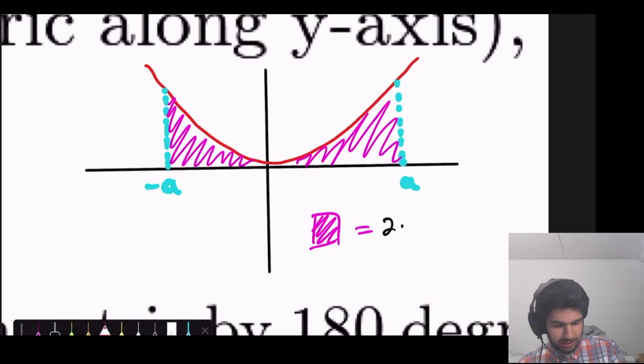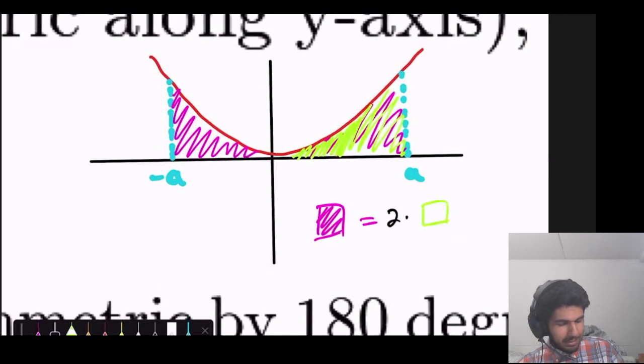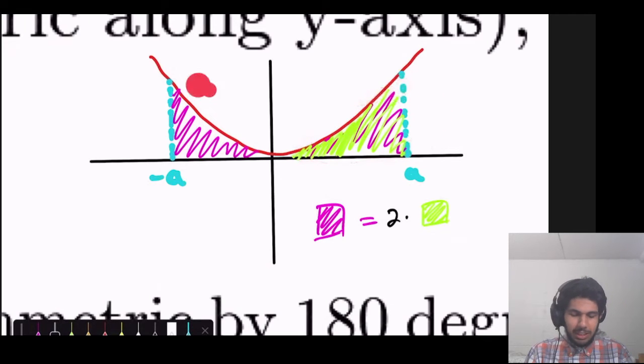So let's color that green, I guess. This. The property is saying the pink area is equal to 2 times the green area, which makes sense, right? Because this green area appears on the left side just in reverse.